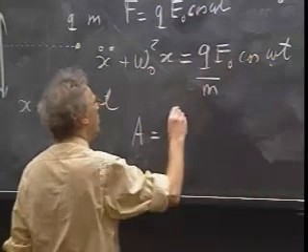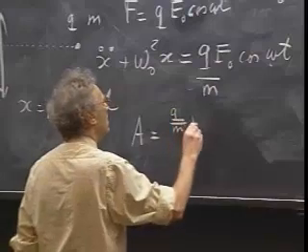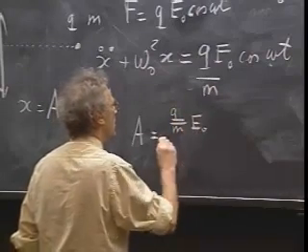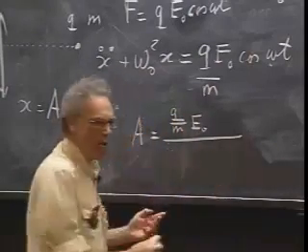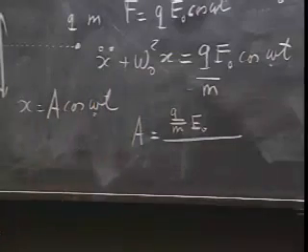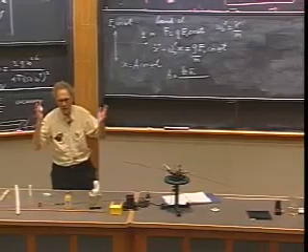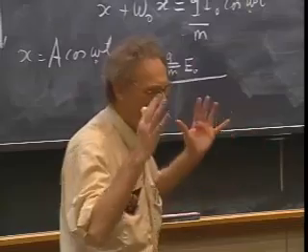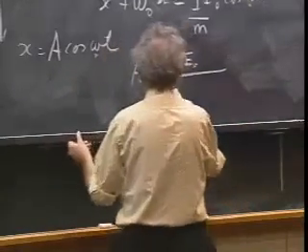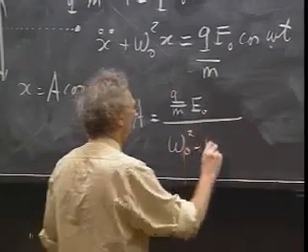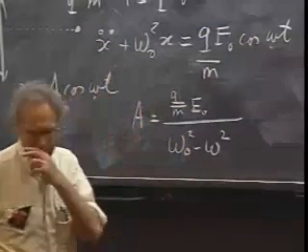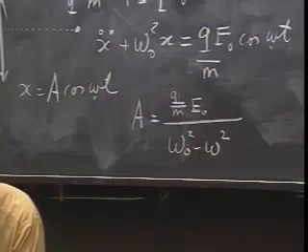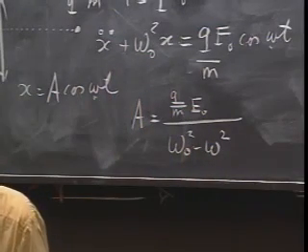This is always upstairs, remember, and downstairs you get omega 0 squared minus omega squared plus omega squared gamma squared, but gamma is 0, so you have no damping, and you get downstairs omega 0 squared minus omega squared. So that is the amplitude of the oscillating electron.